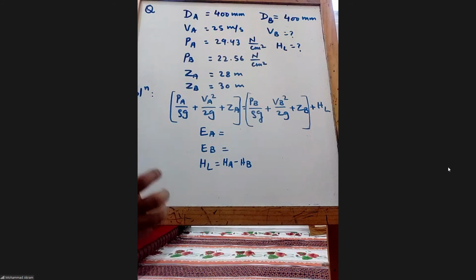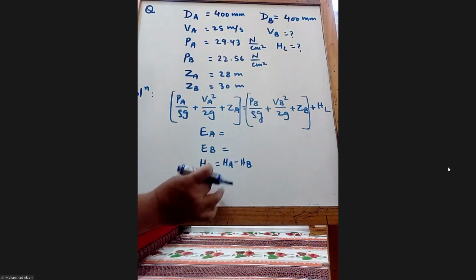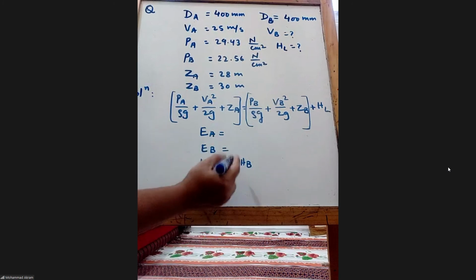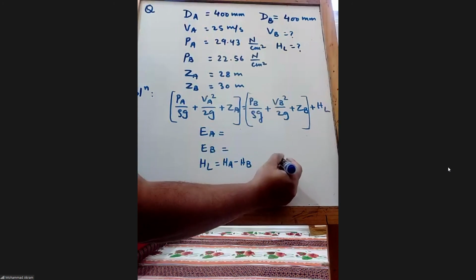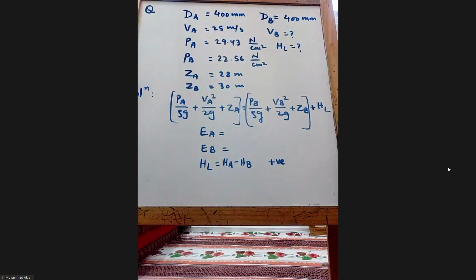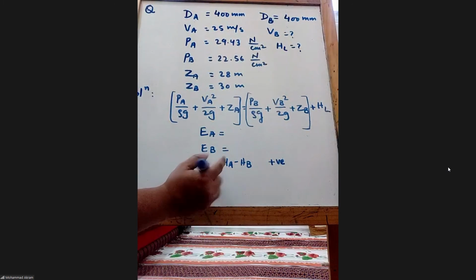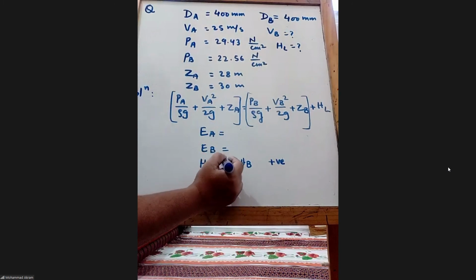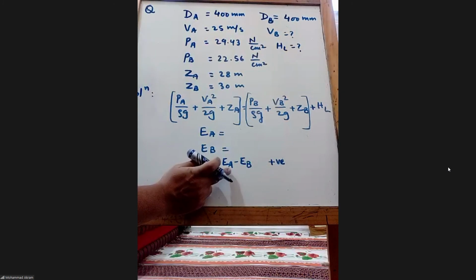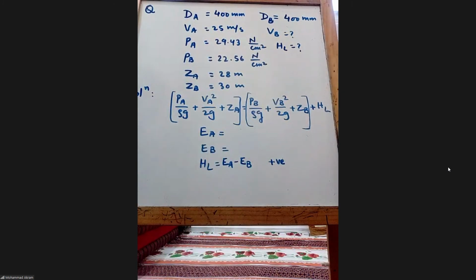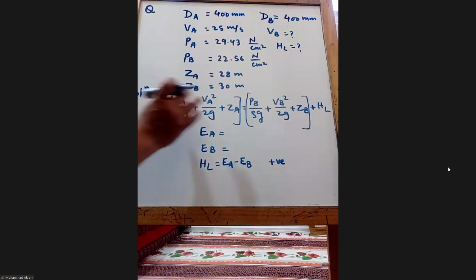If inlet and outlet are not mentioned, then you are not sure whether the flow is going from A to B or B to A. So for that, calculate at A, calculate at B, then take A minus B. When will it be positive? When energy at A is more than B, right? In that case, you can say it is going from A to B.